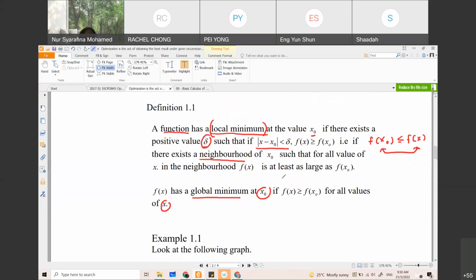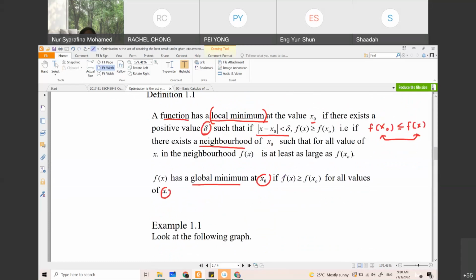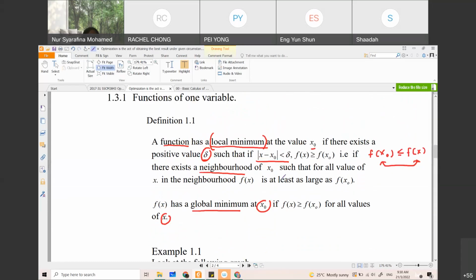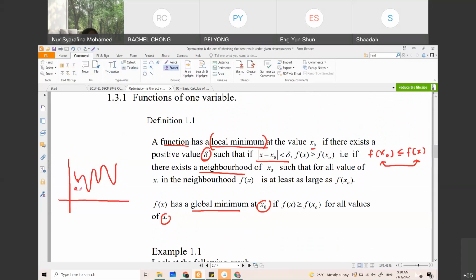So graphically, we can explain this. Let's say we have here a graph.